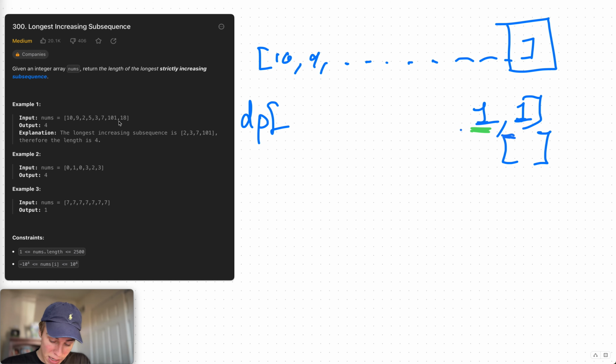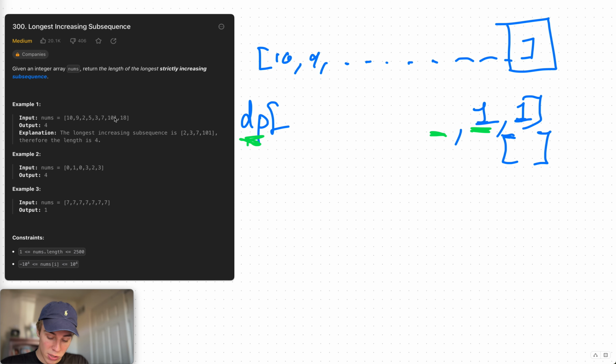If we were to look at the next number, as in what is the next secret, what is the next value in the DP array from the back, we know that 7 is less than both 101 and 18, and it precedes both of them as well.